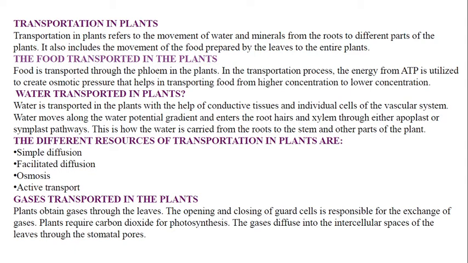Then gases are also obtained in leaves. The opening and closing of guard cells is responsible for the exchange of gases. Plants require carbon dioxide for photosynthesis, that's why they take in carbon dioxide from the atmosphere, and the gases diffuse into the intercellular spaces of the leaves through stomatal pores.